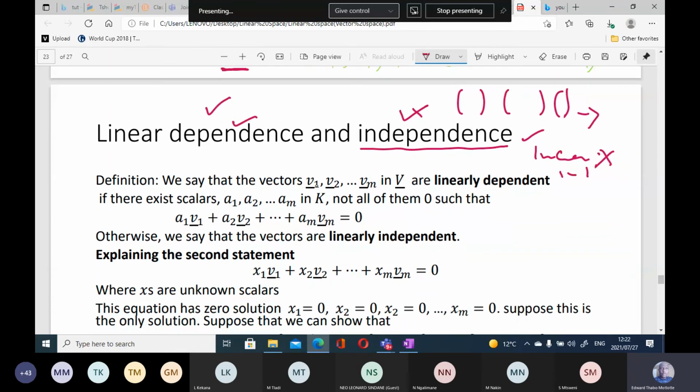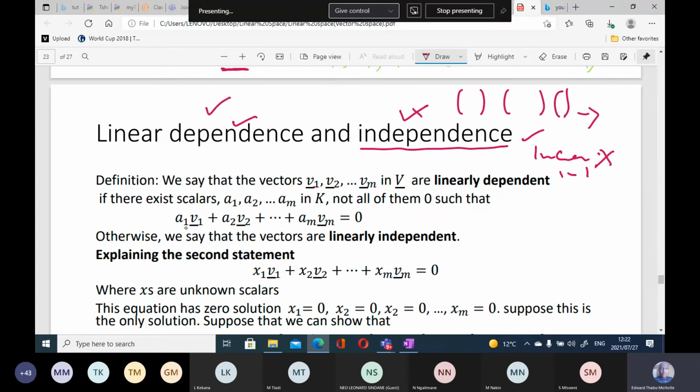Definition: we say that vectors v1 up to vm in a vector space V are linearly dependent if there exist scalars a1 up to am in K, not all zeros, such that a1v1 plus a2v2 up to amvm equals the zero vector.